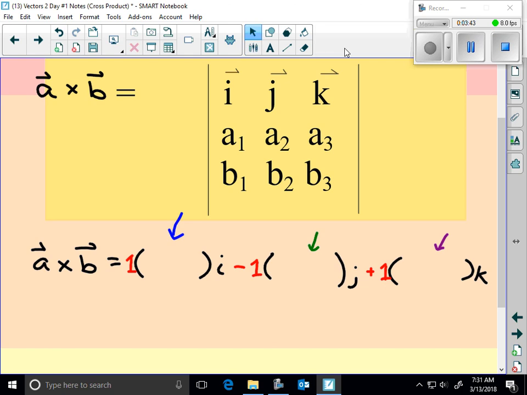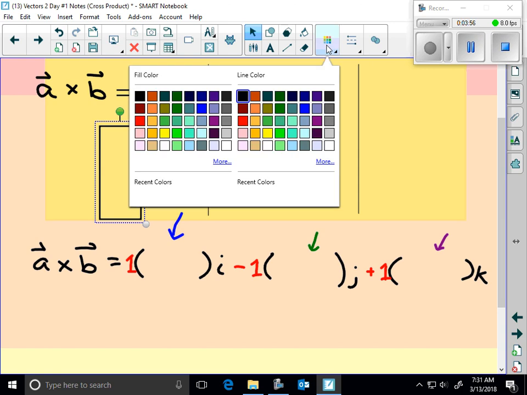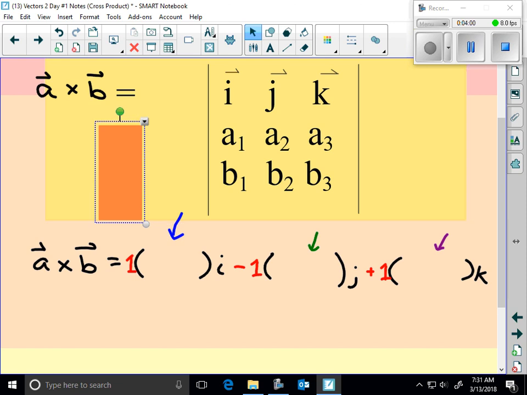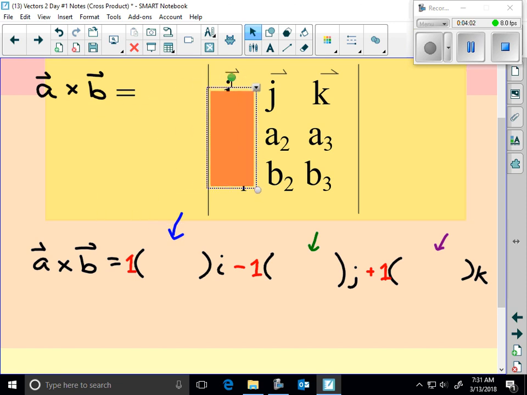Okay. So I'm going to make a little rectangle here. This is something you might want to get used to doing. And this rectangle is going to be used to help me to ignore one of my variables when I do the cross product. Okay, so the first one.